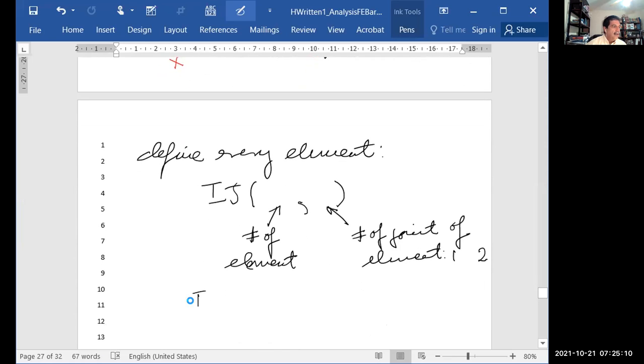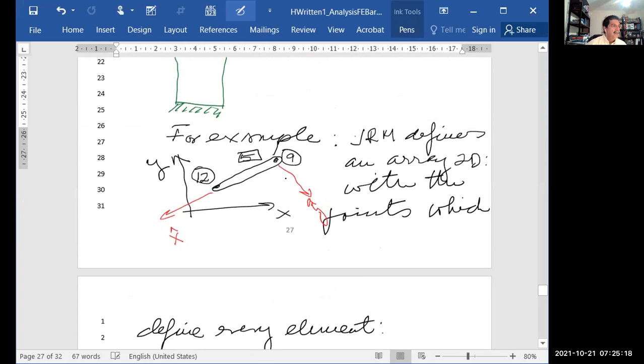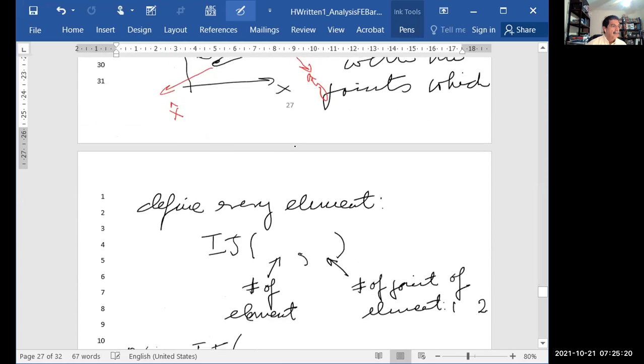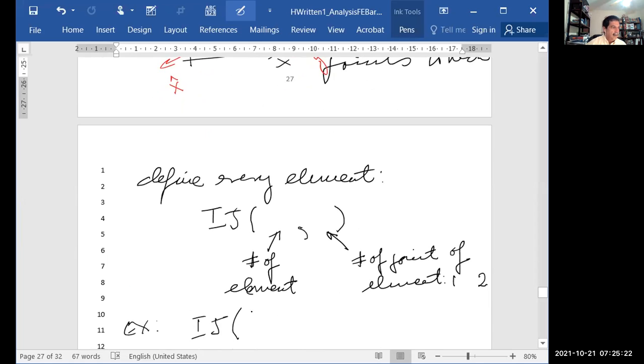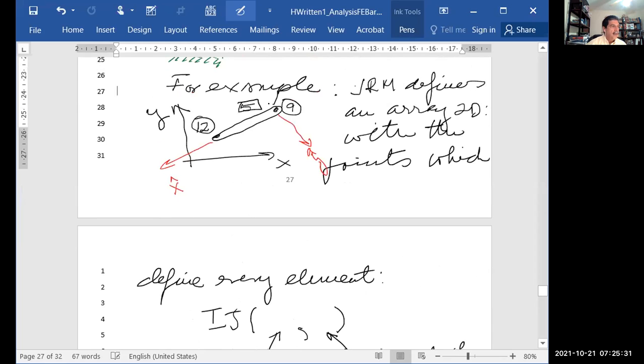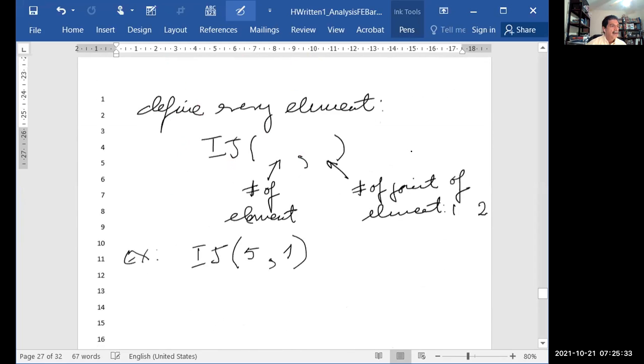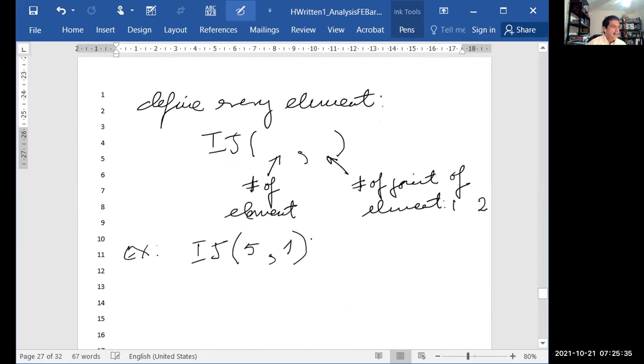So in our case, this is the example. The number of the element is the fifth element. And the first joint is this one here, which is joint 9. This is equal to 9.